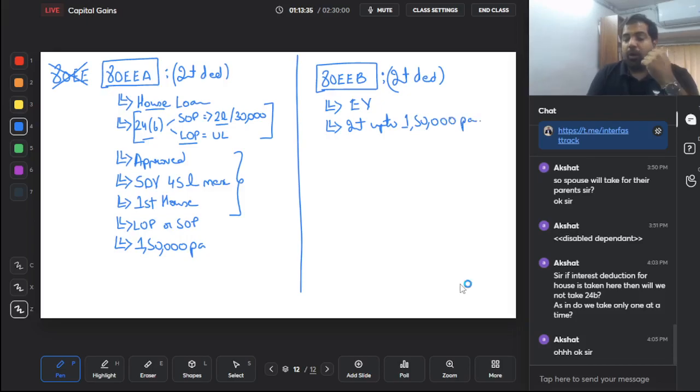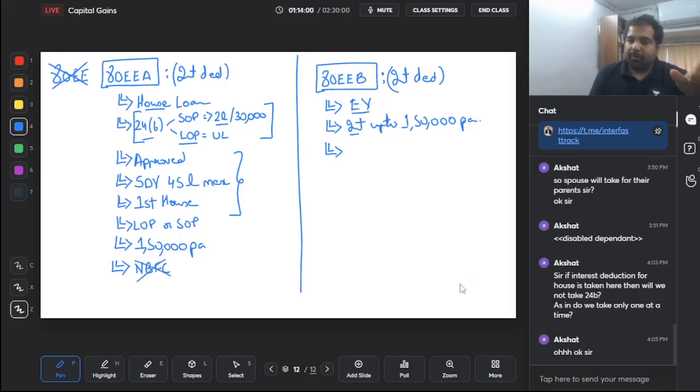What if it's not for business purpose? Doesn't matter, guys. This is not PGBP. So whether it's for business purpose, personal purpose, Sunday purpose, Monday purpose, it doesn't matter, as long as you are paying interest on an electric vehicle. Here, guys, there is one condition also, that the loan should be from an approved source, but it cannot be from an NBFC.